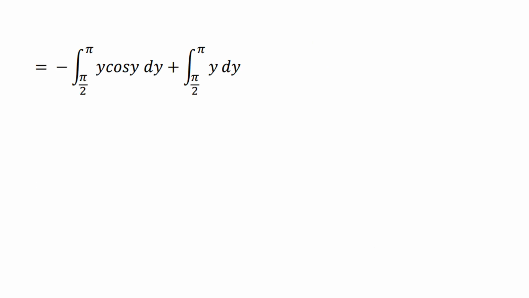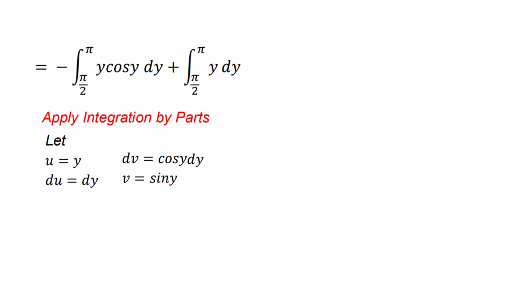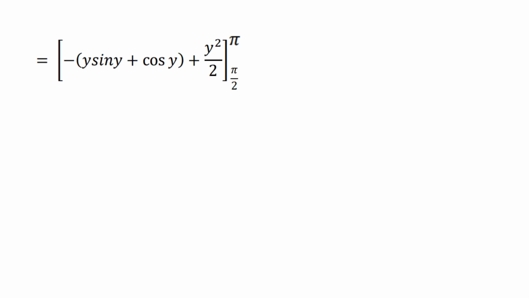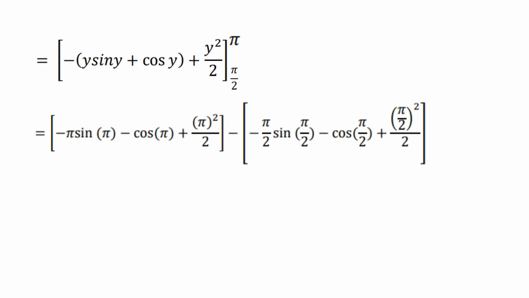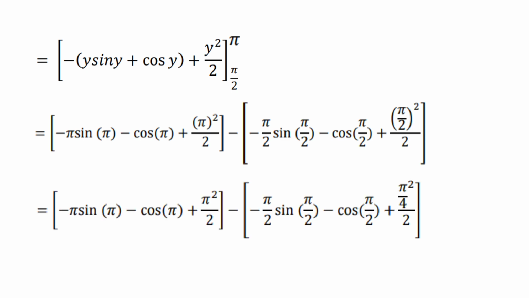So here we need to apply the integration by parts for negative, the integral of y cosine y dy from pi halves to pi, and the power rule for the integration of y dy from pi halves to pi. After integrating, substitute pi halves and pi to our y. And also, don't forget to simplify your answer.